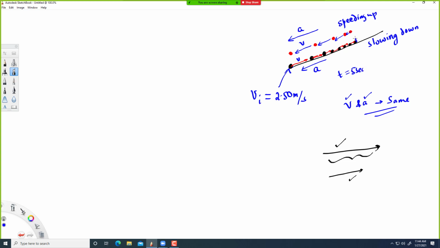Eventually, at the highest point, final velocity would be 0. Let me write it down. So initial velocity of the ball is 2.5 meters per second, and after time t equal to 5 seconds, it comes to rest. Rest means now its velocity would be 0.